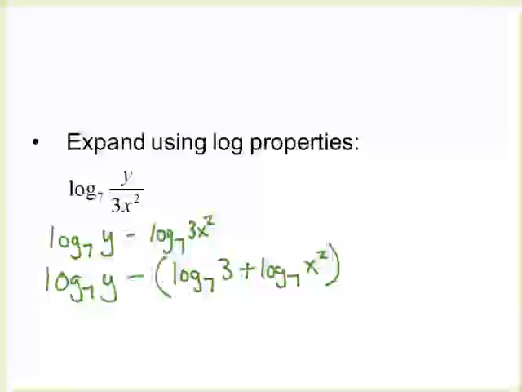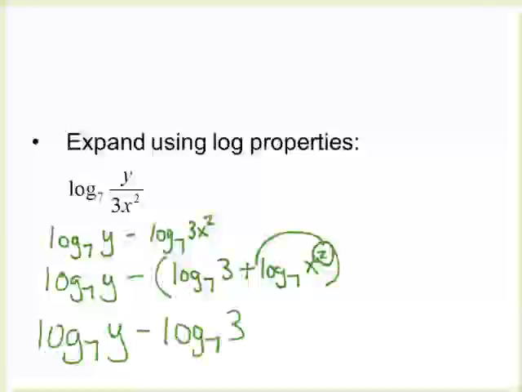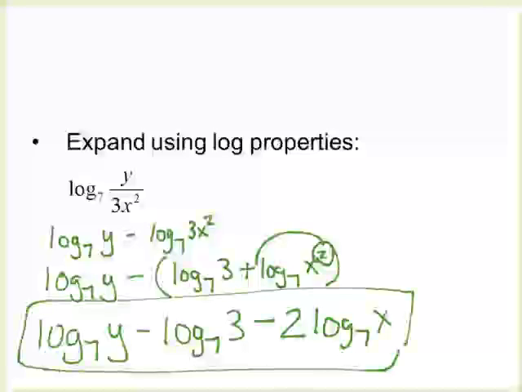The final property we apply is the power property, taking that 2 on the x and dropping it down. So I get log base 7 of y minus log base 7 of 3 minus, because I'm going to distribute that negative, log base 7 of x. Make sure that in your final answer, anything that started on the bottom of the fraction is a subtracted term.